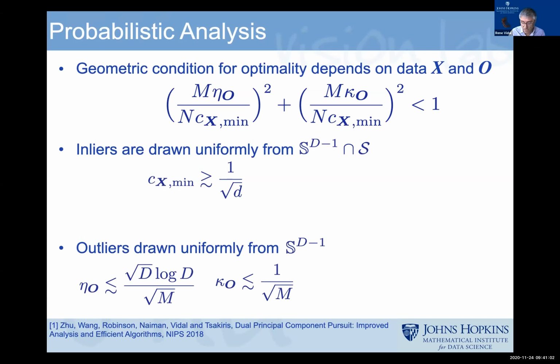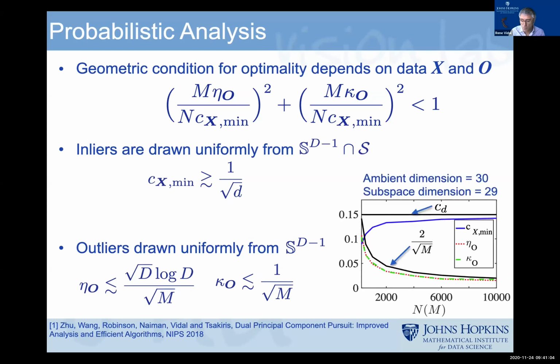So if you wanted to see that in pictures, this is what you see. The x-axis here is the number of inliers. We are keeping the outlier to inlier ratio fixed and just letting that number grow, changing from 0 to 10,000. And you see the behavior of kappa O in green and eta O in red.